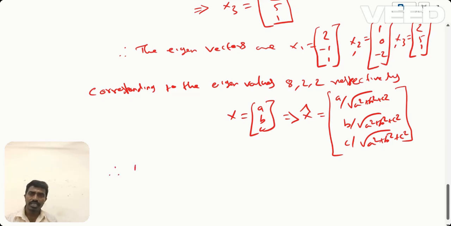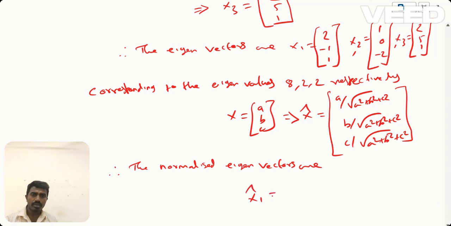Now find the normalized eigenvectors. x1 cap equal to 2 by root of 2 square plus minus 1 whole square plus 1 square. So then what you may get? 2 by root 6, minus 1 by root 6 and 1 by root 6.